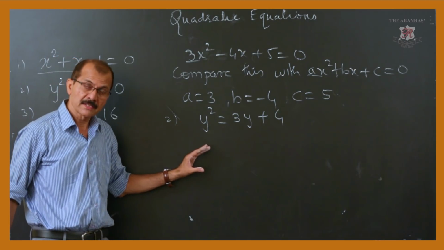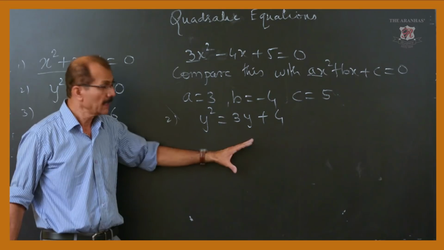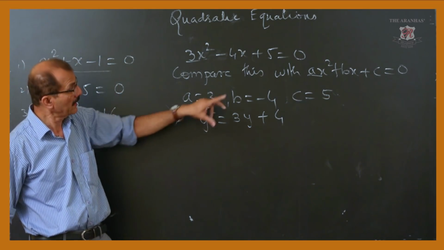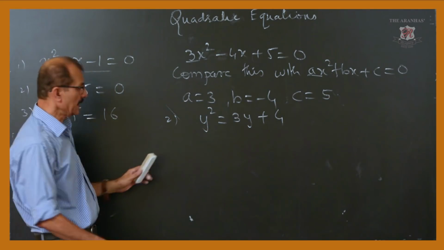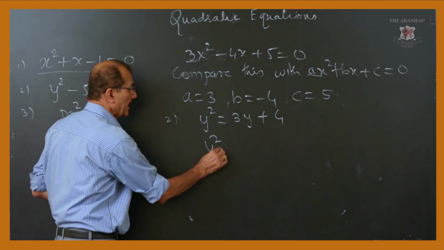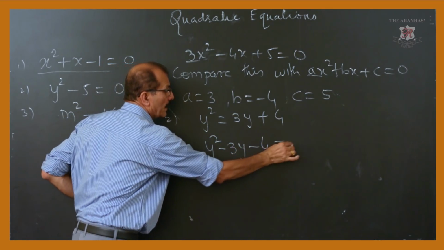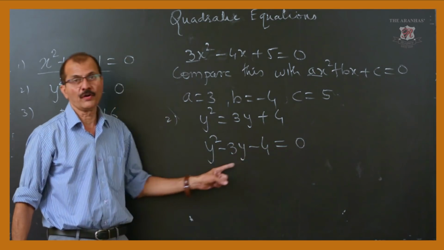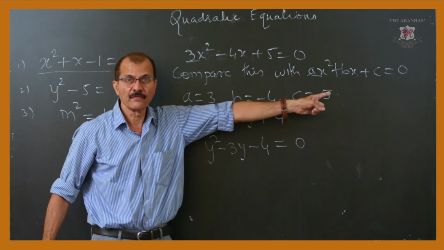Now, your first step is to see that this should be written in the general form. That means, you bring all the terms on one side, that is y square minus 3y minus 4 equals to 0. Try to bring it in this form and then you compare it with the general form.